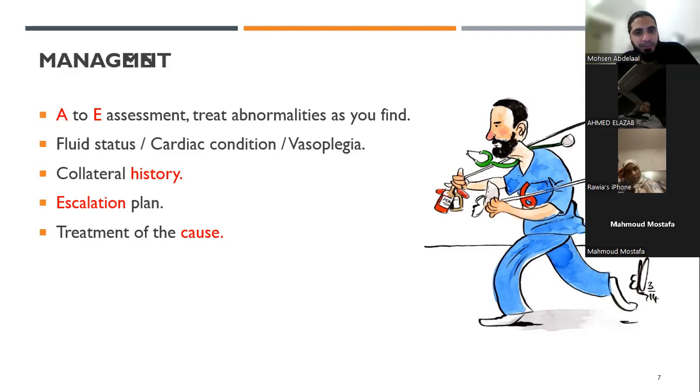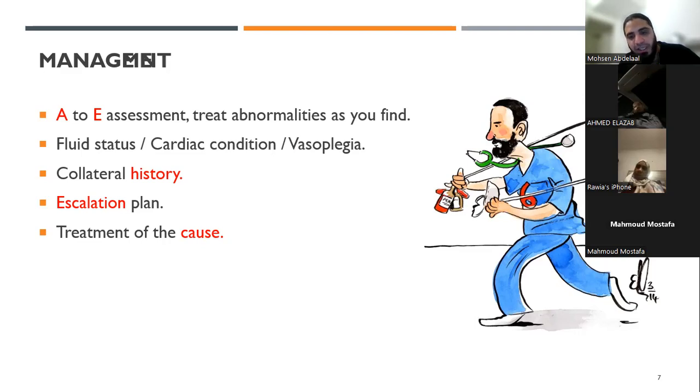So the initial approach for any patient with suspected shock will be A to E assessment. It's an emergency. It's an acute illness. And the reason you have to take it from A to E is that any part of the assessment protocol can cause shock or can contribute to the outcome of shock. So the airway: if the airway is not patent, the patient will be hypoxic, and again the organs will be hypoxic.